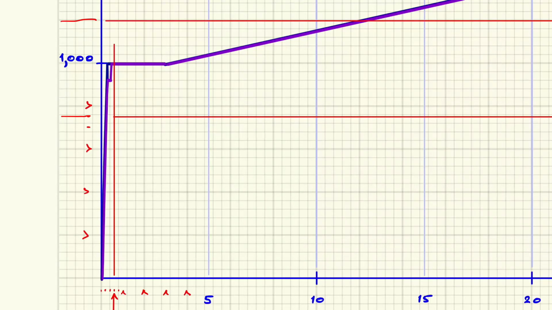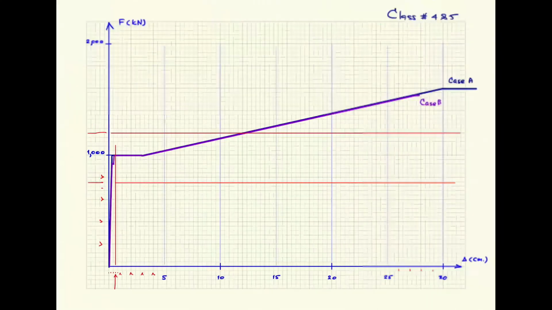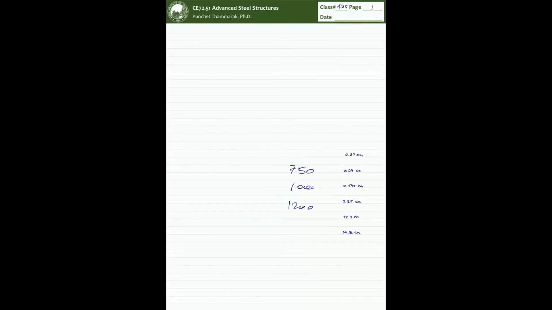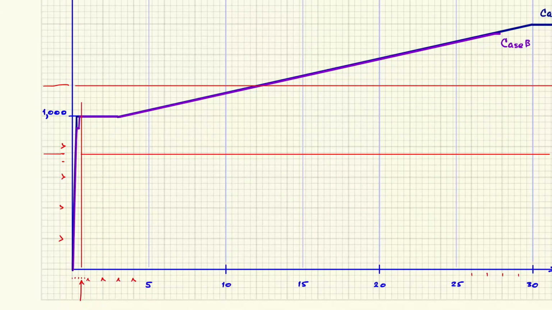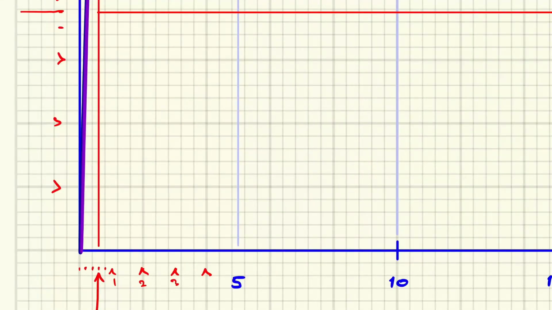Then 0.2 will be somewhere there, and then drip, and then jump up to 0.6. 0.23, 0.27, and then 0.6. 3.25. 1, 2, 3, 3.25.